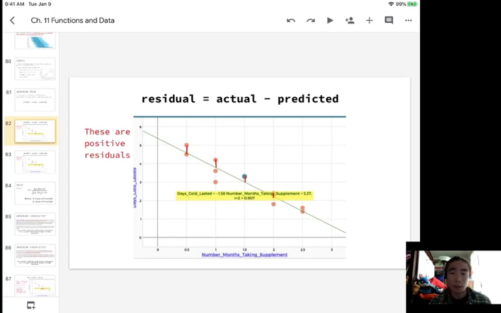So in this case, it's an underestimate. Under. You can spell that. Underestimate. It's a big word. Okay, when you have positive residuals, it is an underestimate. Because this person here was sick for, what, 5 days? But our line said they were sick for like 4.5 days. It's a positive residual based on this formula.